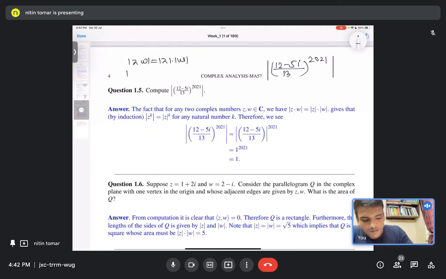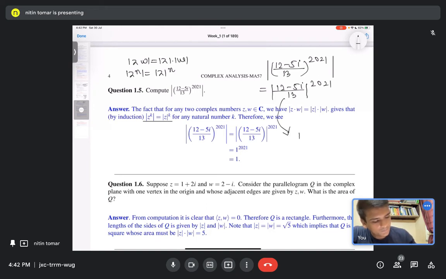By induction you can prove that the modulus of z power n is the nth power of the modulus of z. This is precisely what we have written here. So this can be written as the modulus of (12 minus 5 iota upon 13) to the power 2021. Now what is the mod of this complex number?